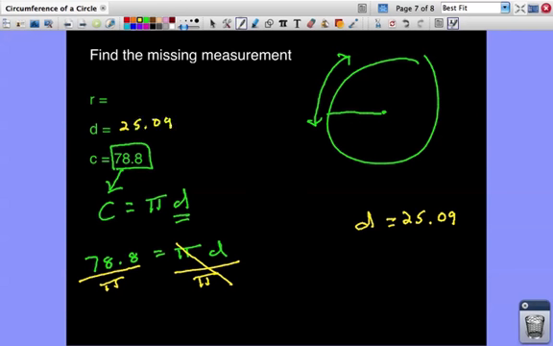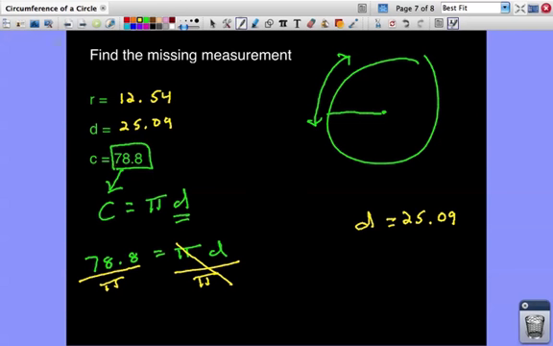And if I want to find my radius, you just take your diameter and you divide it by 2. Okay? And when you divide that by 2, you're going to get a radius of 12.54 approximately. I rounded both of these, but you're going to get a radius of about 12.54. Okay? And that's it. That's all we have to do.